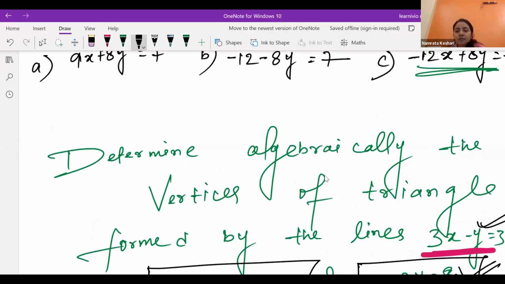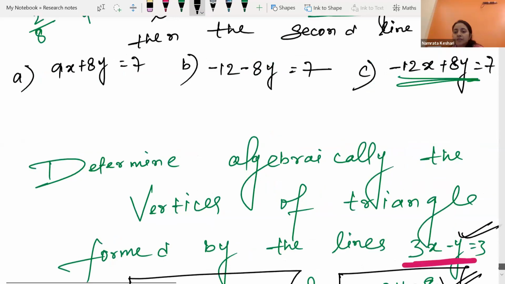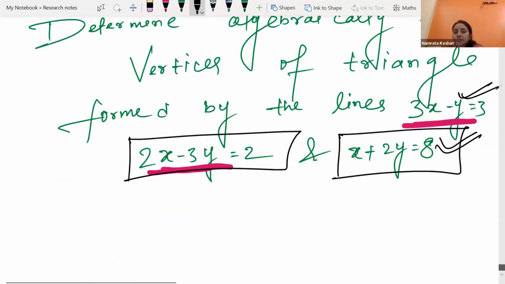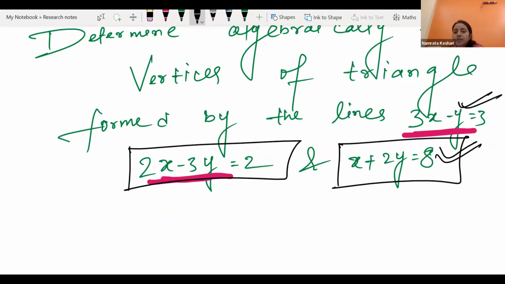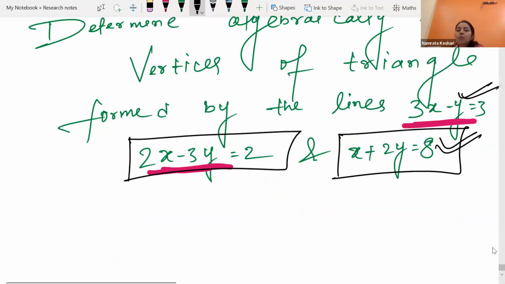So what do we have to find over here? We have to find the vertices of the triangle formed by these three lines. Read it. Determine algebraically the vertices of triangle formed by these three lines. ओके, एक लाइन कैसे भी हो सकती है, दूसरी लाइन हो सकती है ये 3x minus y is equals to 3, this is the line.